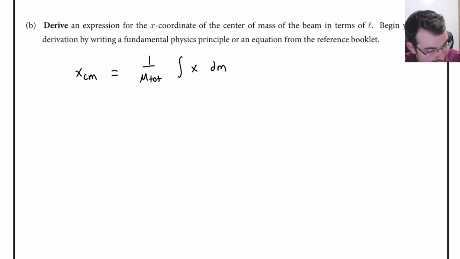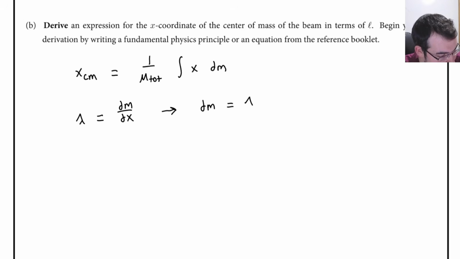Remember that by definition, lambda is the amount of mass you gain per small length. It's the extra mass you get for a little extra length, mass per length. So the extra mass is equal to lambda times the length.